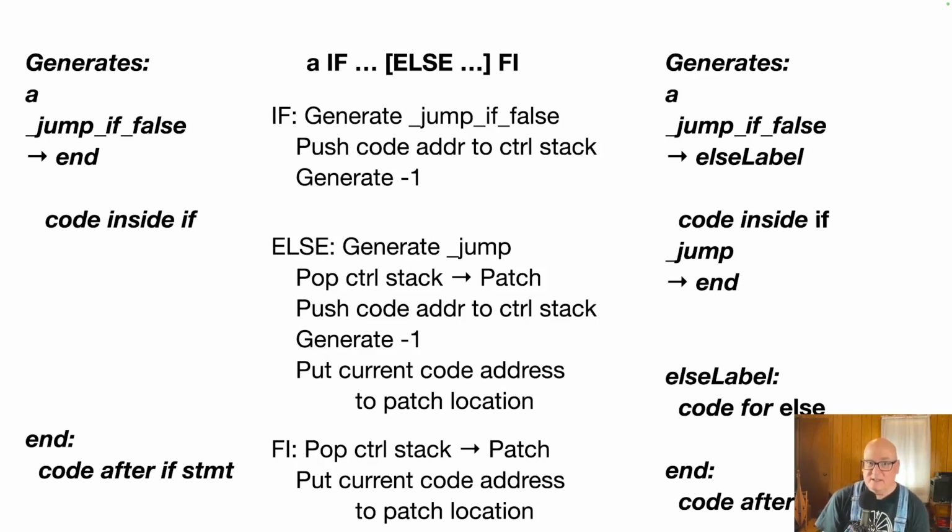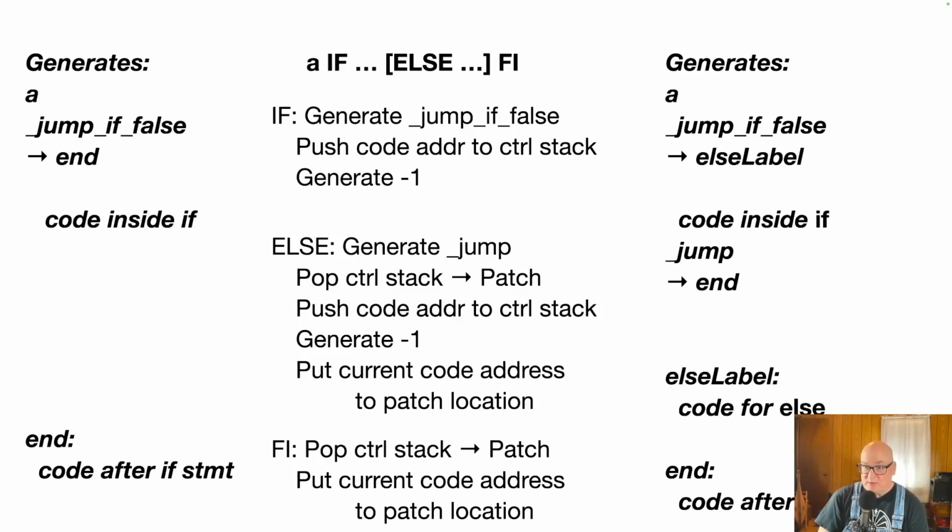All right, now the if-then-else case on the right, you jump if false. Well, you jump to the else label. You don't jump to the end. Instead, you execute the code inside the if, and then you jump basically around the false code, the else code. And that's jumping to the end. And then you put out the else label, and the code for the else is the target for that jump in the first couple of lines.